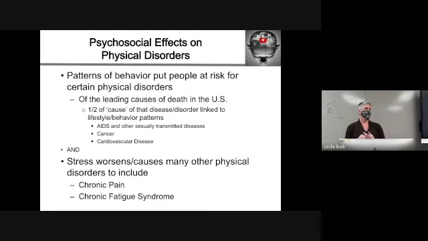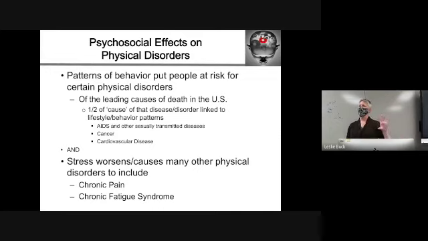Protected sex doesn't protect you 100%, but it certainly cuts down heavily on the rate of infection. Like mask wearing. It's not 100%, but let's bend that curve down. It's the same kind of thing. So patterns of behavior are specifically putting it at risk for infections, cancer, and heart disease.